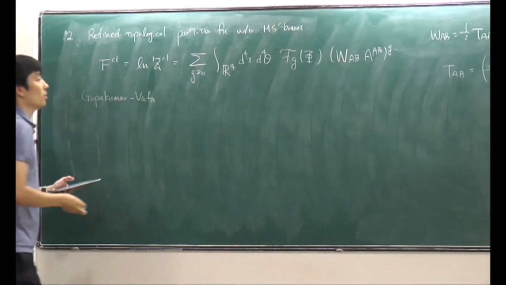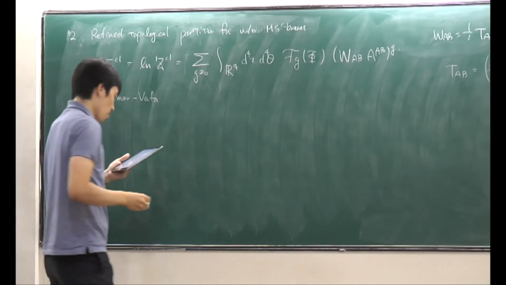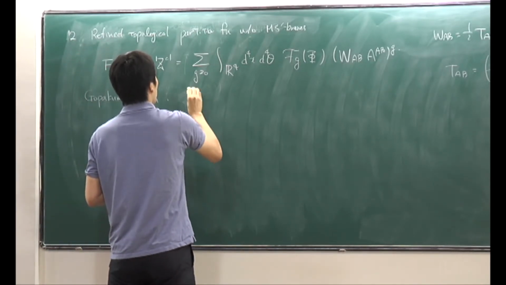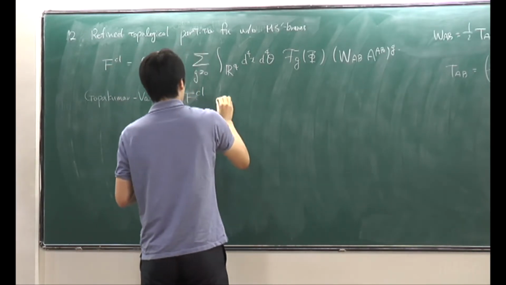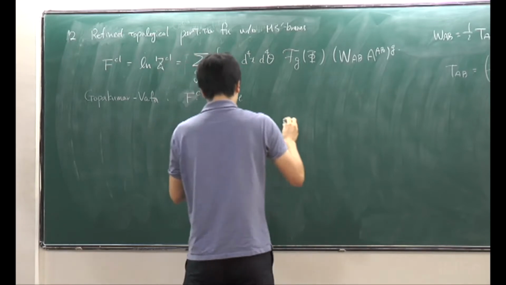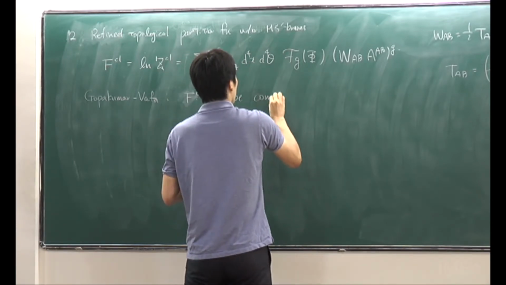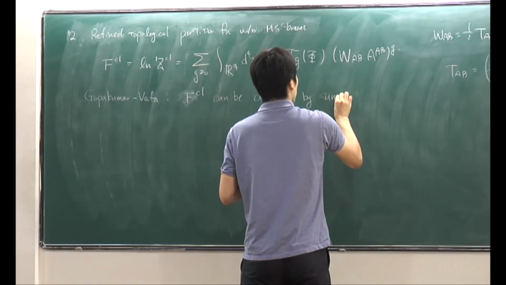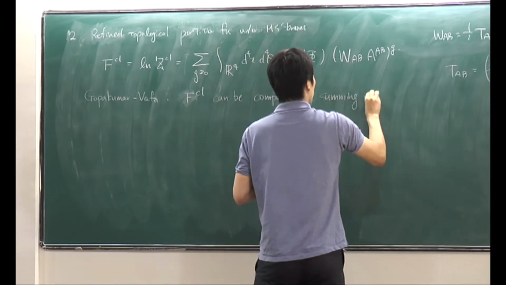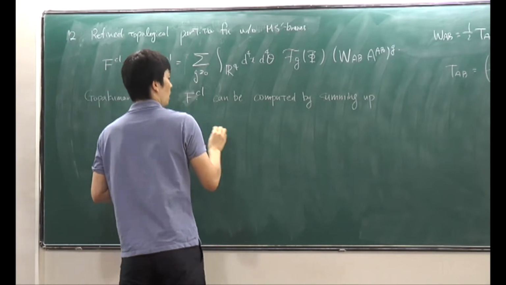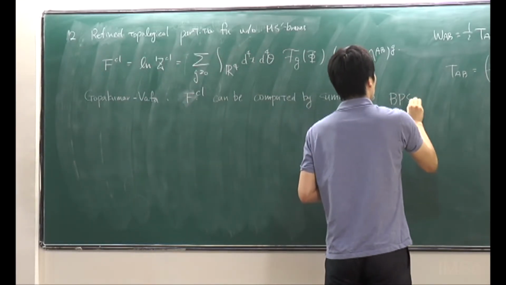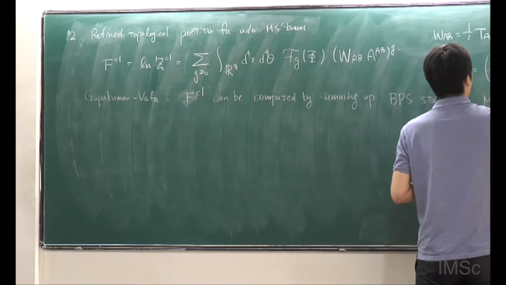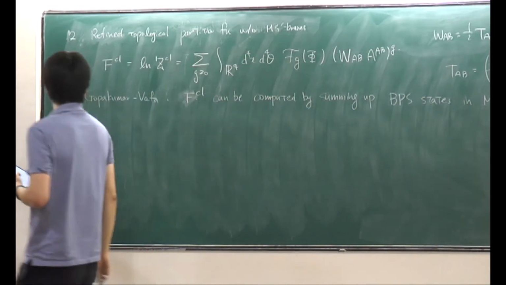But what Gopakumar and Vafa proposed is that, instead of using string perturbation theory, one can sum up BPS states in M-theory. F_CL can be computed by summing up BPS states in M-theory.